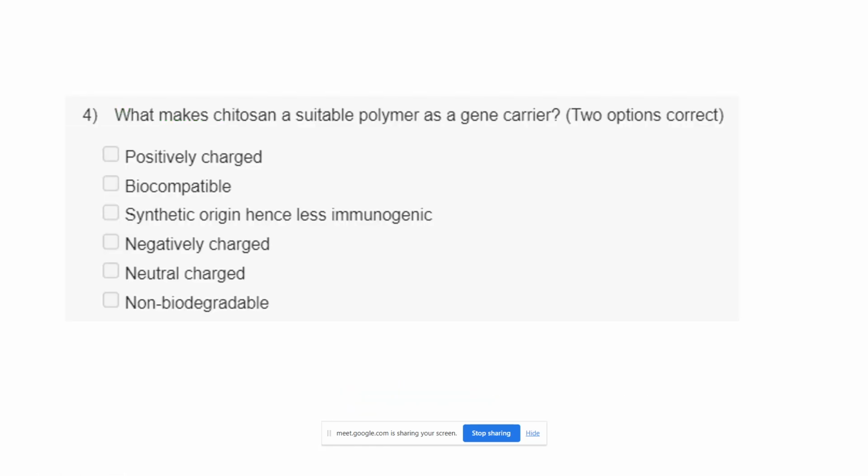Okay. Let's move on to the next question. Fourth question: what makes chitosan a suitable polymer for gene delivery? You have to select two correct options. The options are positively charged, biocompatible, synthetic origin hence less immunogenic, negatively charged, neutral charged, or non biodegradable.